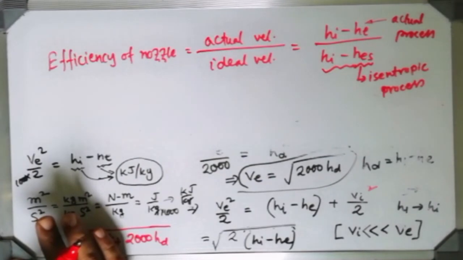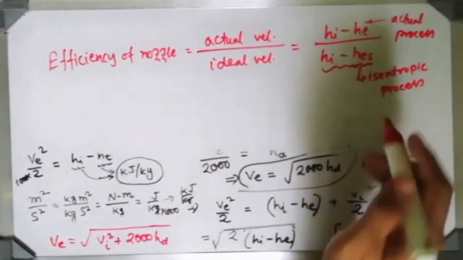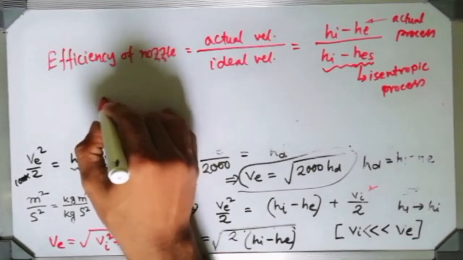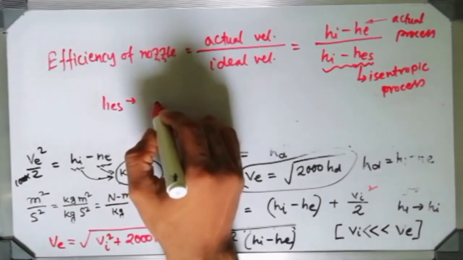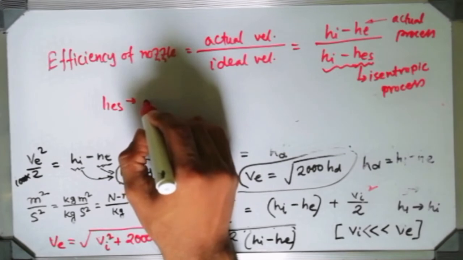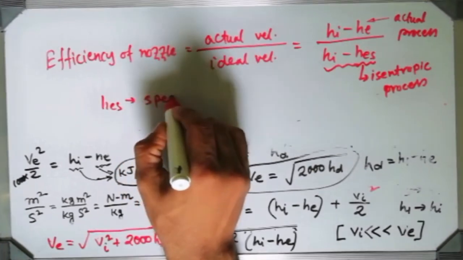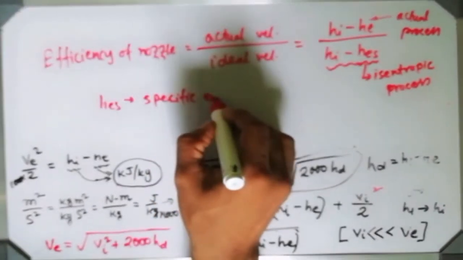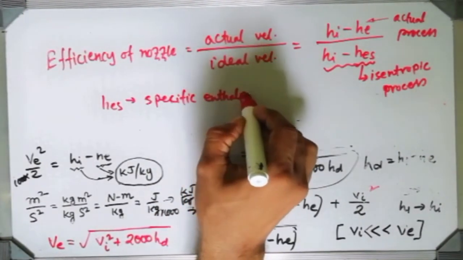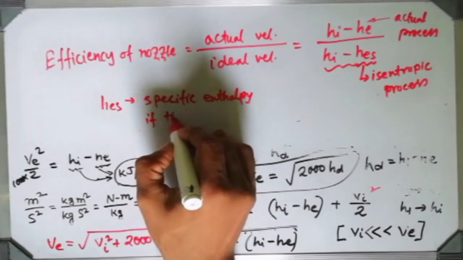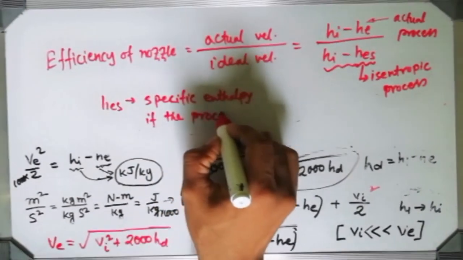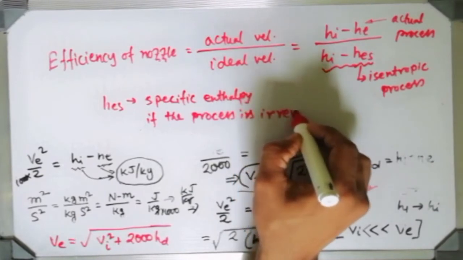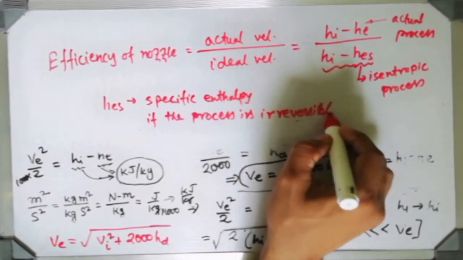So I can write over here that HES is the enthalpy, or rather the specific enthalpy, if the process is irreversible. Reversible and irreversible processes you people have studied in class 8-9.